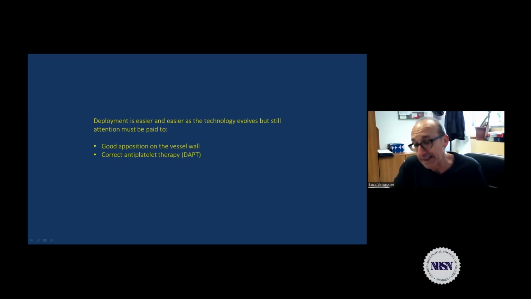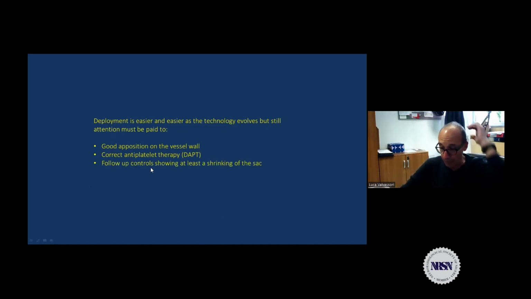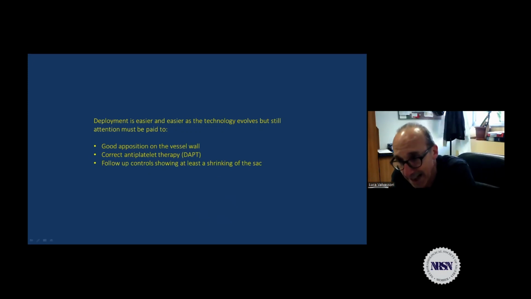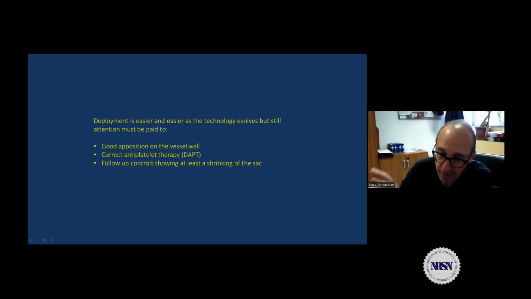We need a correct antiplatelet therapy, meaning a dual antiplatelet therapy, aspirin and ticlopidine, aspirin and clopidogrel, aspirin and something else. And also we have to be sure that at the follow-ups, the sac is shrinking. If the sac shrinks, then the aneurysm will disappear.